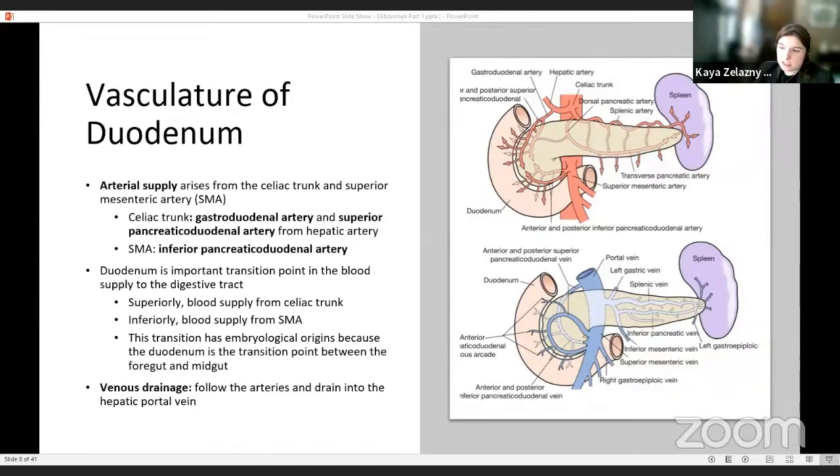In terms of the venous drainage of the duodenum, they're essentially going to follow the arteries. What we're going to talk about later on in this lecture is that when we talk about the veins draining the gut, all of these branches are going to have the same names, right? So we are going to have similarly named veins to our arteries, like the superior mesenteric vein, like the superior mesenteric artery.